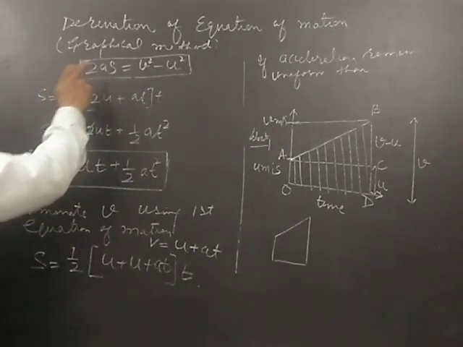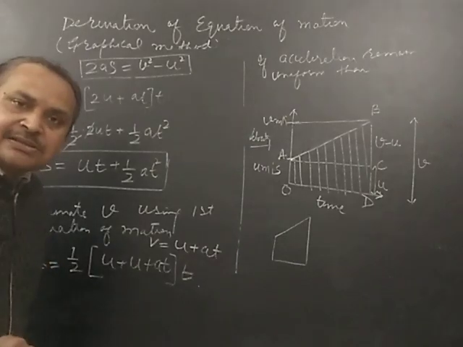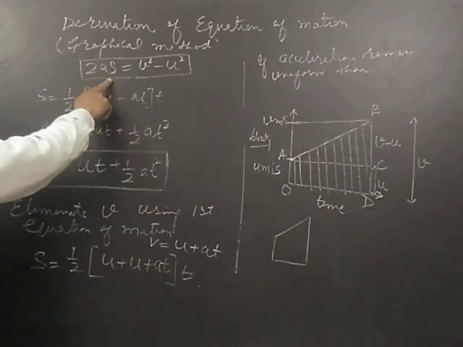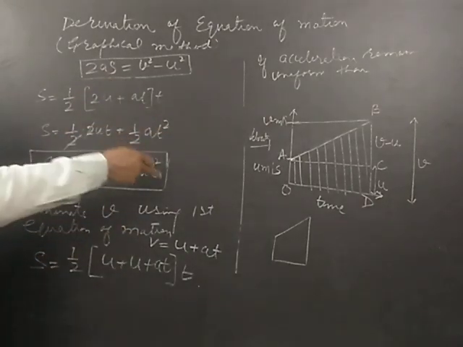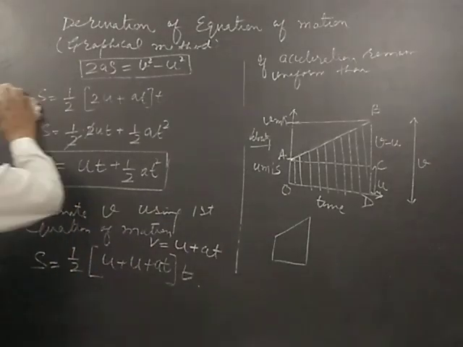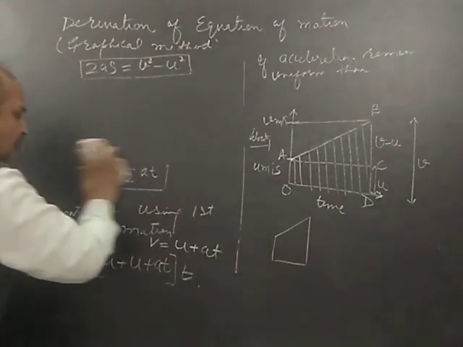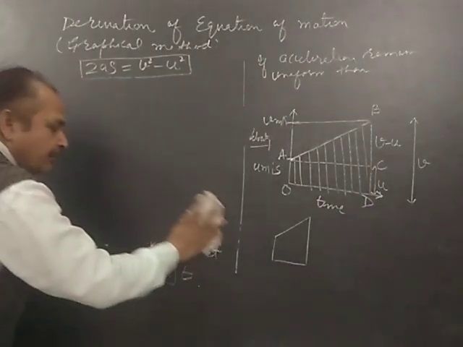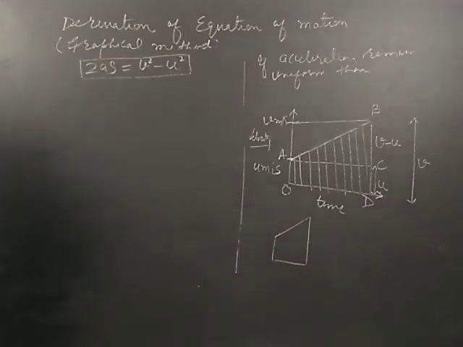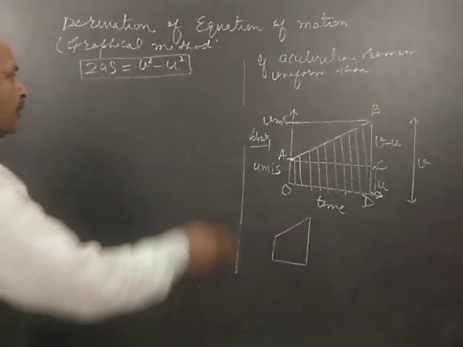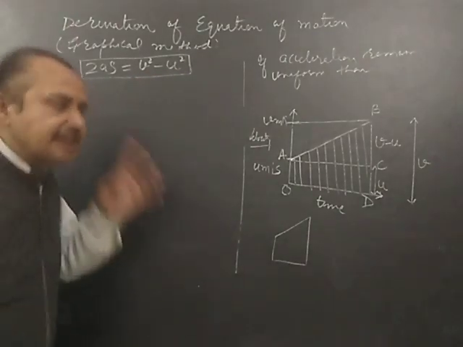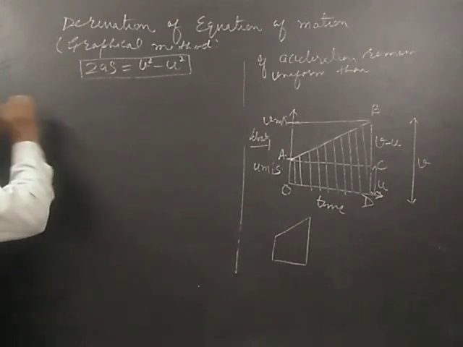So the distance will be used as we have used in the second equation of motion, same thing. But because in this equation we want v, we will not eliminate v. But what we don't want? T. So we will eliminate t. See, I will write directly.